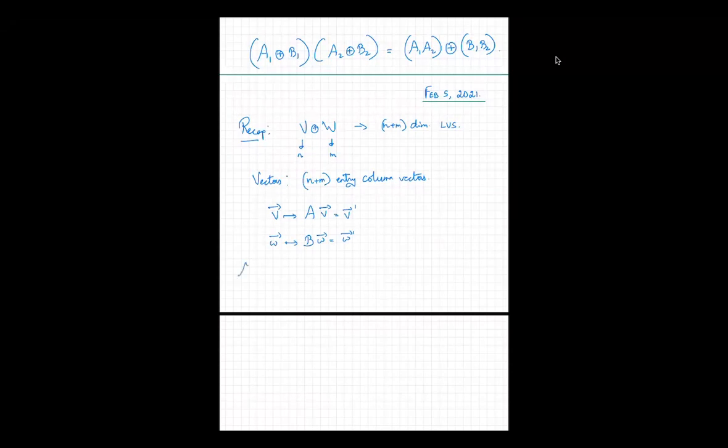So the matrix in V plus W that acts on the direct sum vectors V plus W is an n plus m cross n plus m square matrix.